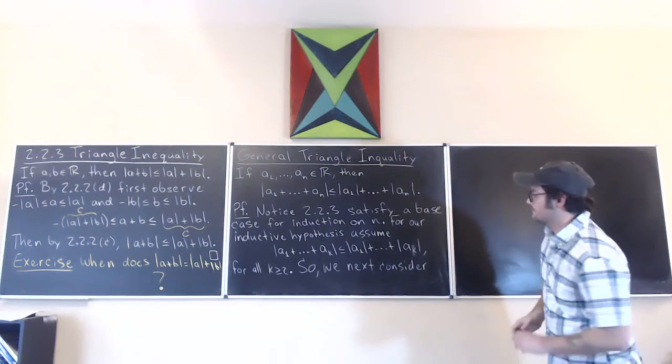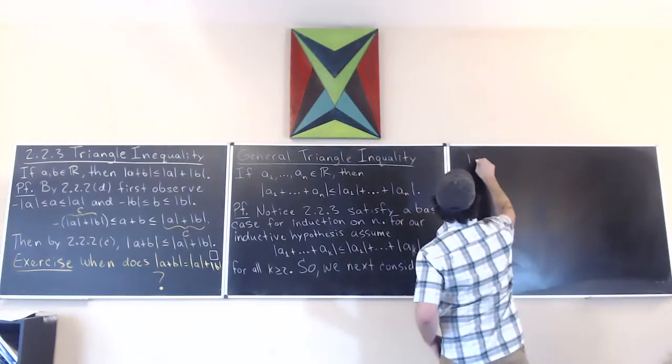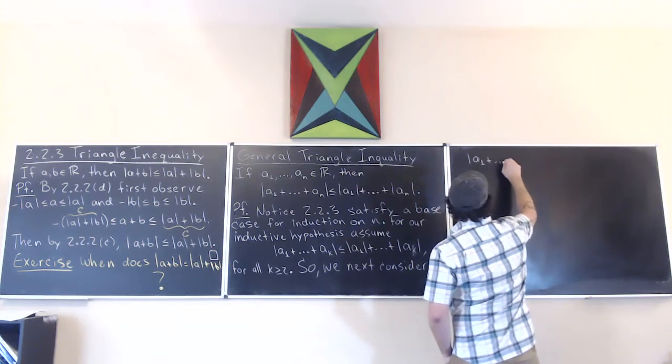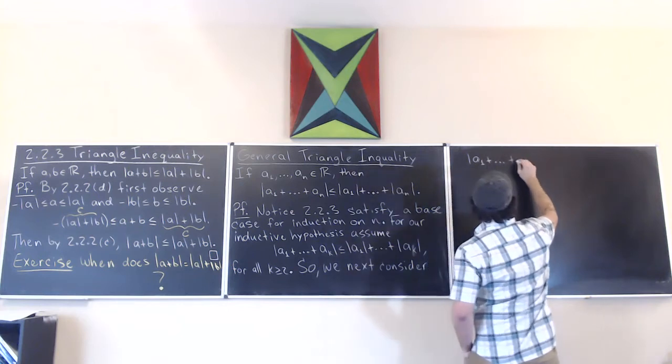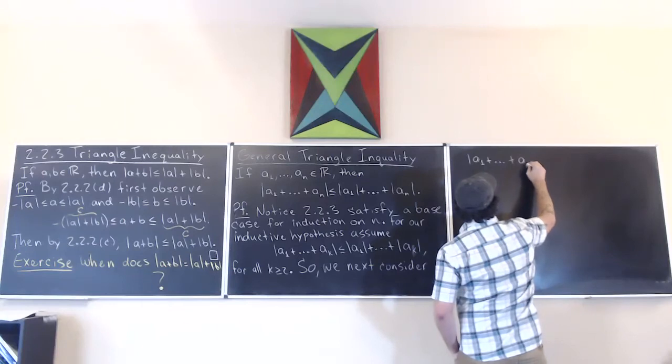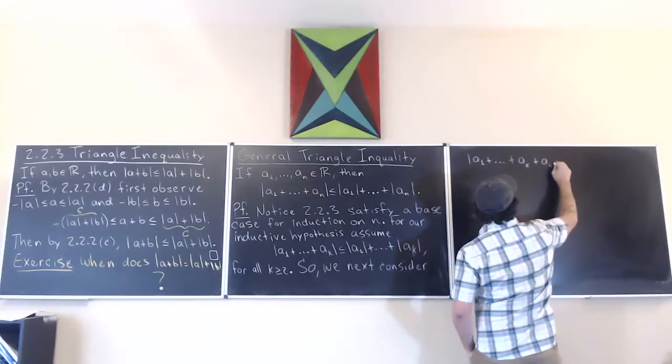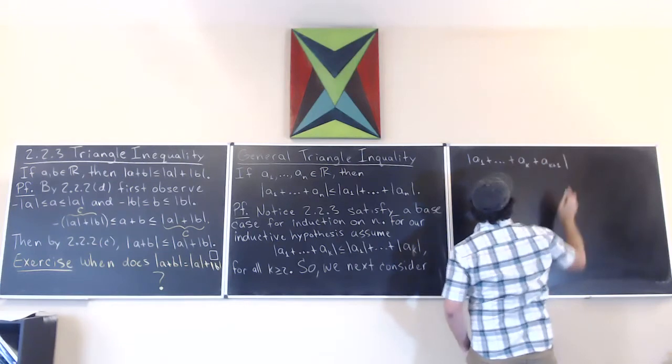So let's go ahead and look at what that sum is. So we have A1 plus dot dot dot plus AK plus AK plus 1.